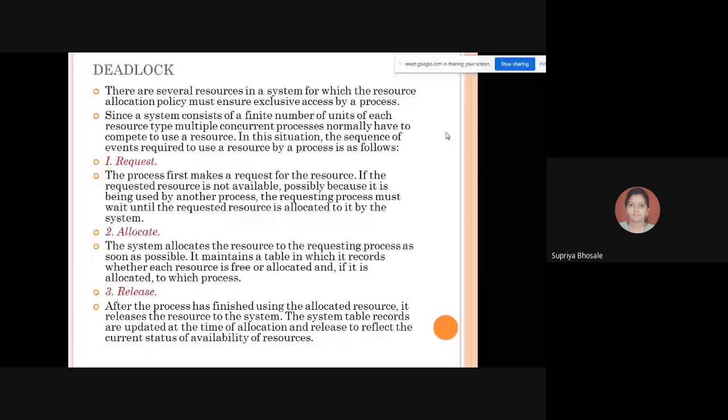And third, release, that is, after the process has finished using the allocated resource, it releases the resource to the system. The system table records are updated at the time of allocation and release to reflect the current status of availability of the resources.